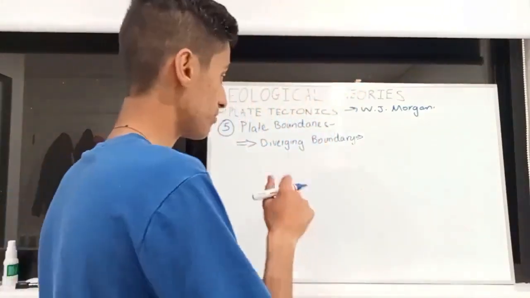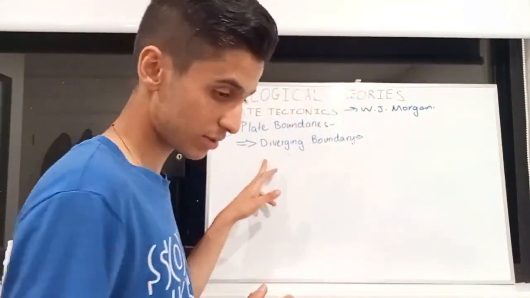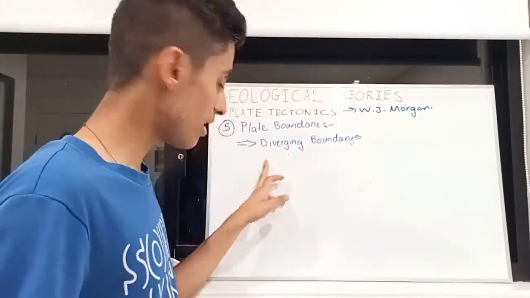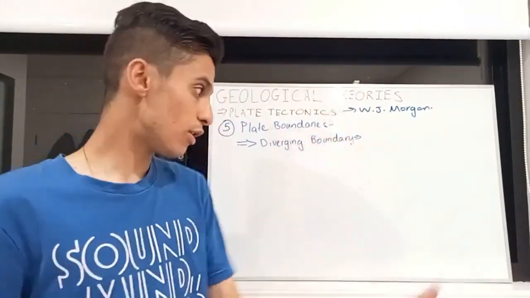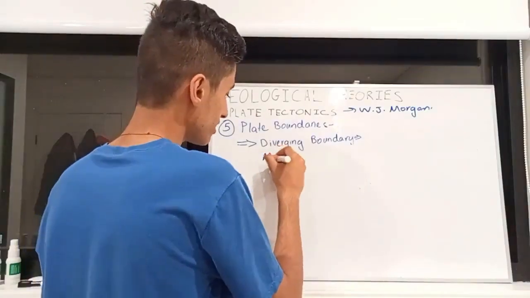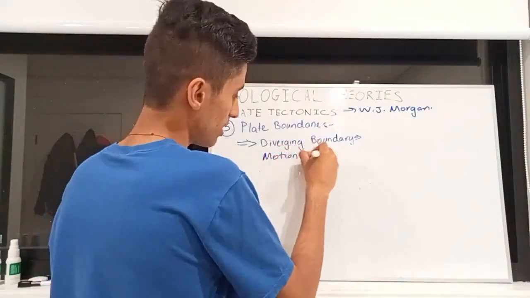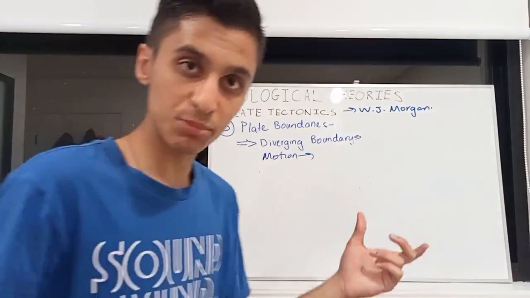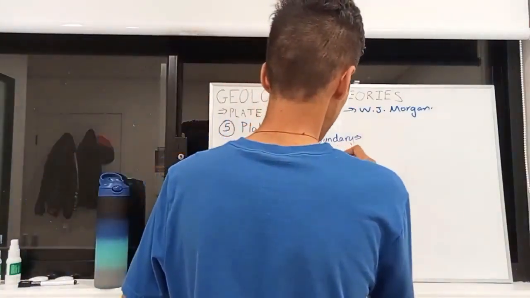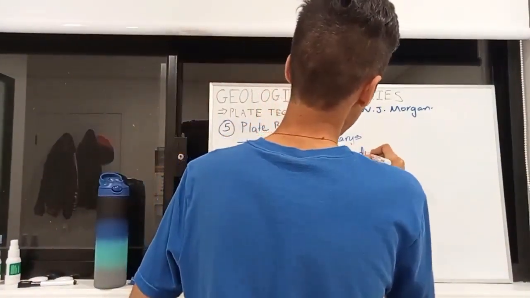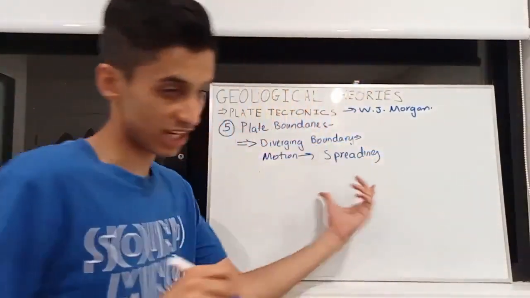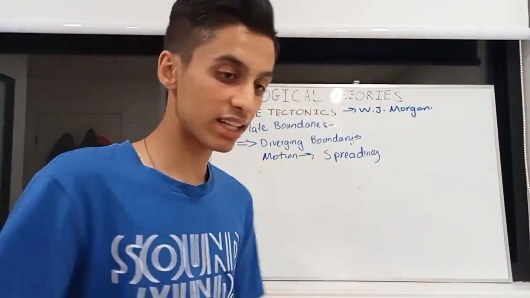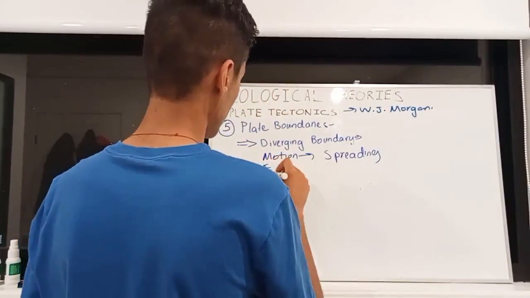Another key thing to remember about diverging boundaries, which we were just doing, is the motion. The motion is spreading because they're spreading apart. If you were to describe the motion of diverging boundaries, you'd say it's spreading apart, and then the effect is constructive.